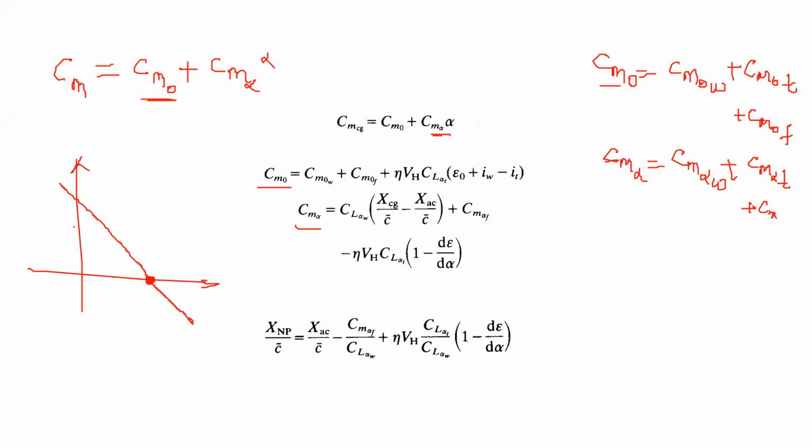So usually when you plot this equation by changing alpha, this line appears on the graph. This axis is alpha, this axis is CM. Let's say we are flying at an angle of attack of 5 degrees.